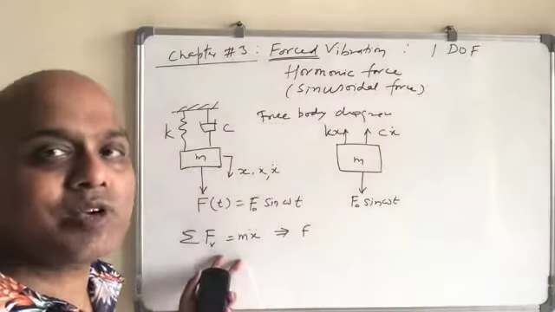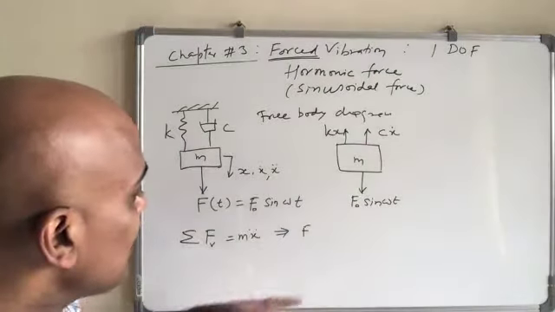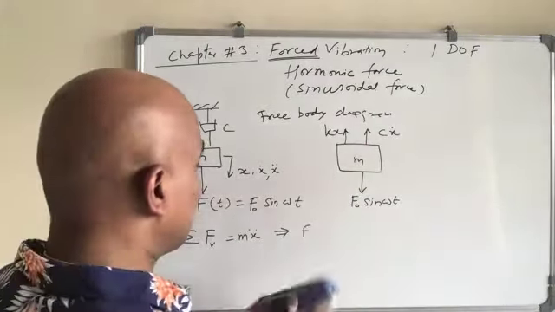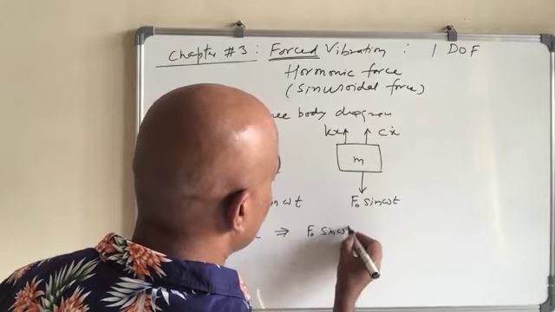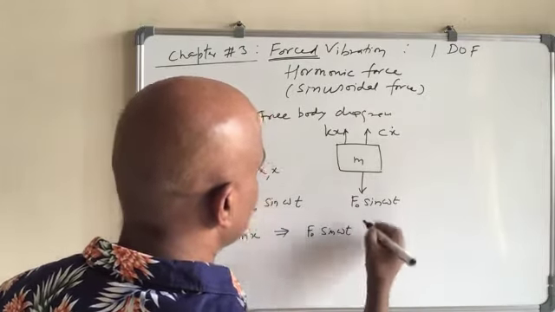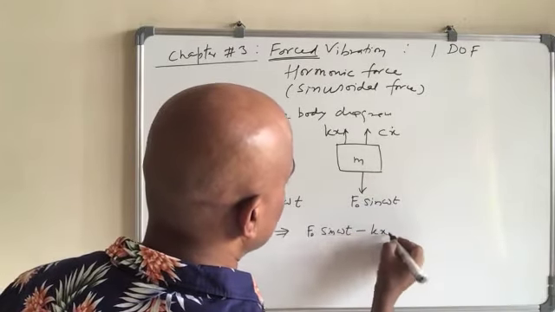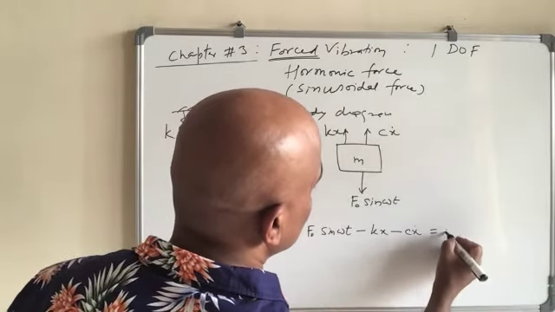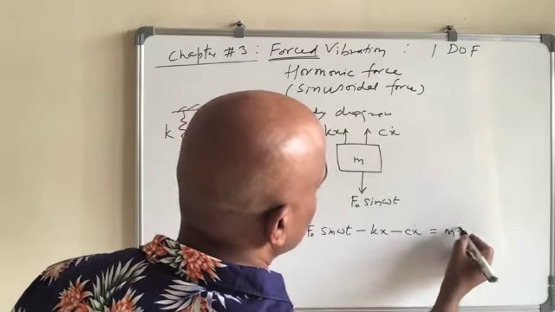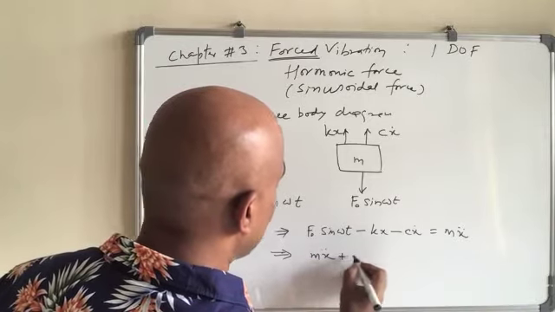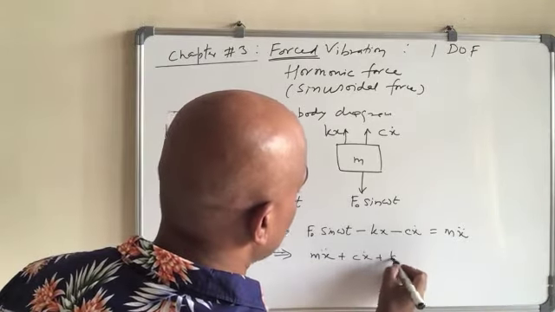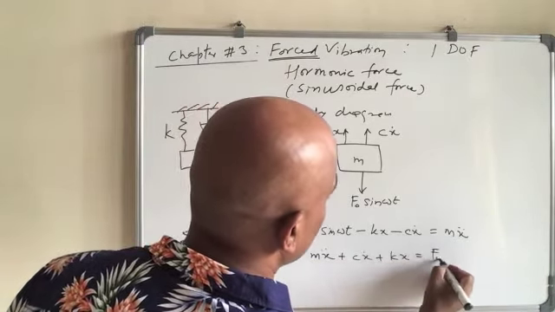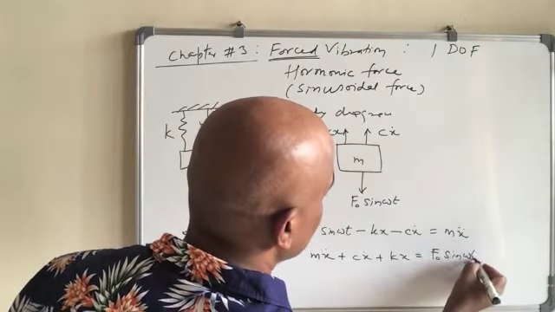This comes from Newton's second law. So the summation of forces is F naught sine omega t minus kx minus c x dot equals m x double dot. And what we get finally is m x double dot plus c x dot plus kx equals F naught sine omega t.